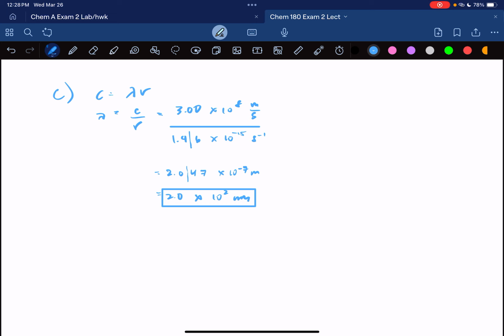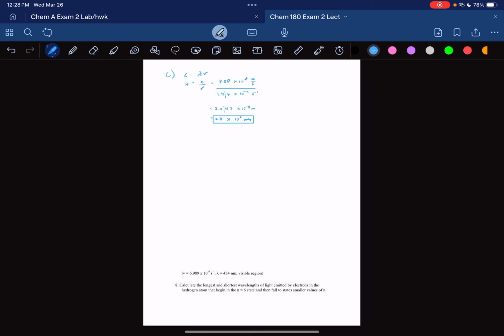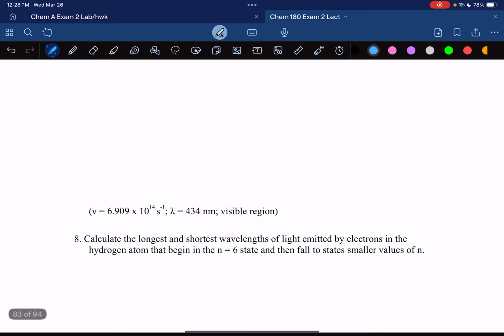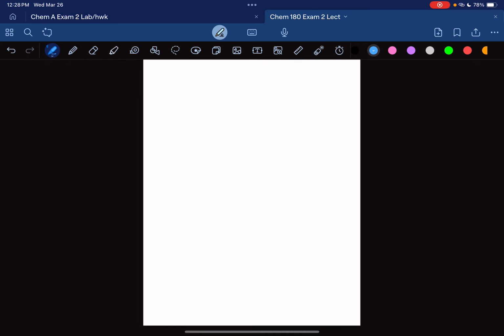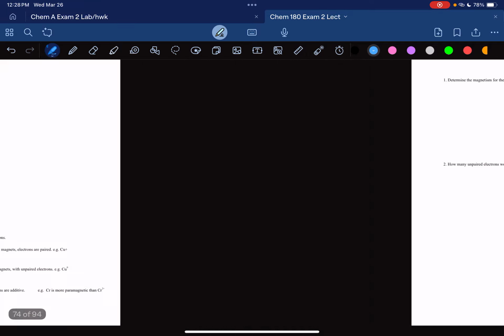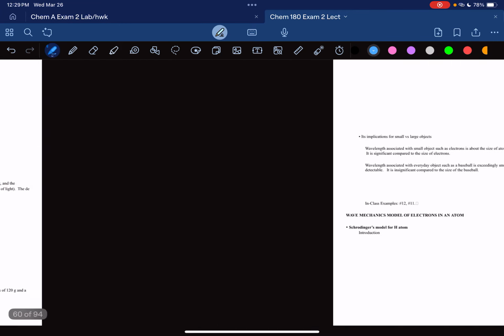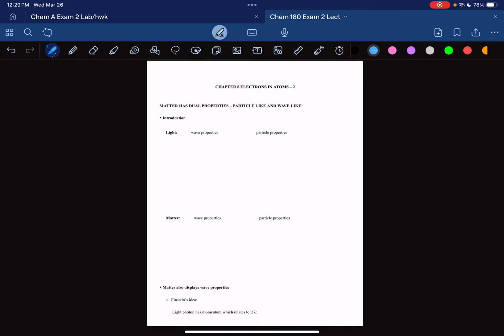Okay, let's move back to the outline. We just finished talking about the photoelectric effect, so I want to re-emphasize this. Light sometimes appears to behave like a wave. How do I know it behaves like a wave? You can measure its wavelength and its frequency, and it can diffract and interfere.